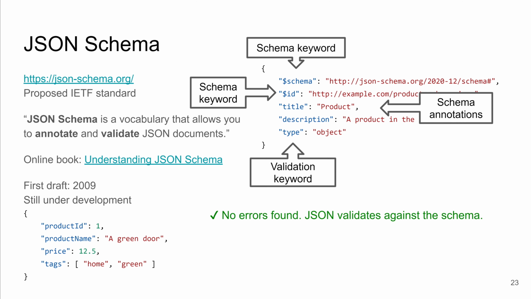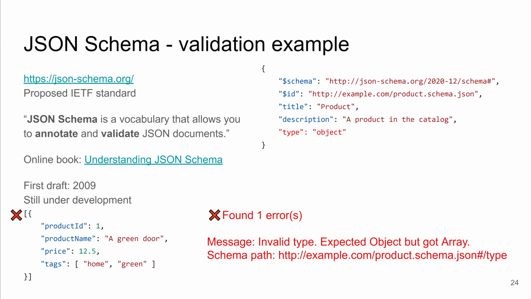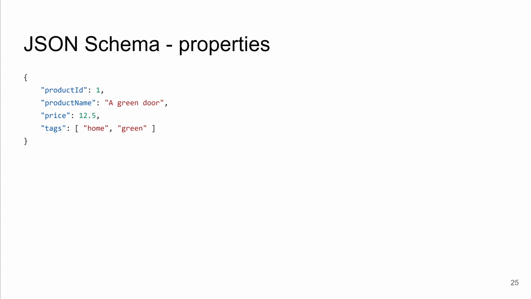So using this, we can actually use the schema to validate the data instance, and here we just validate that the instance is a JSON object, and in this case it is valid. If we were to change the instance into a JSON array, then we would get an error because the schema says that the root is an object.